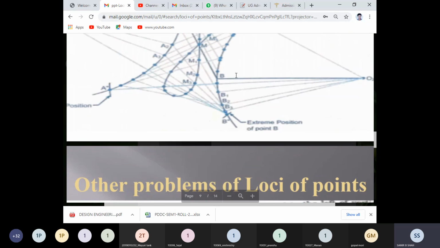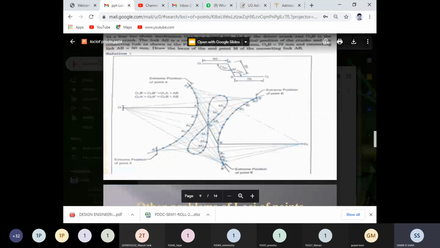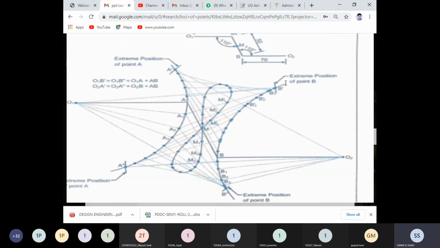Okay, we take O1 as a center and take 110. Why? It may be 60 and it may be 50. So we get B dash and B double dash as the extreme points of B.